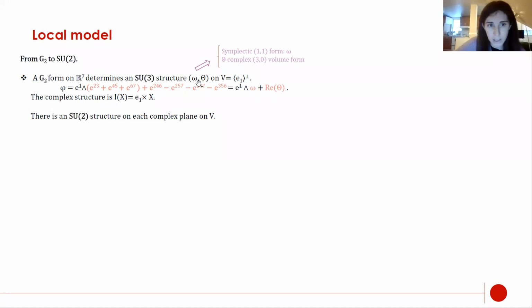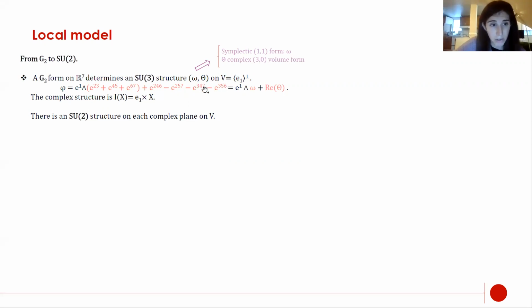An SU3 structure can be viewed as a pair of forms, in which omega is a symplectic 1-1 form and theta is a complex 3-0 volume form. One can write the 3-form phi, with the fixed vector E1, as the symplectic form of R6 plus the real part of the complex 3-0 volume form.